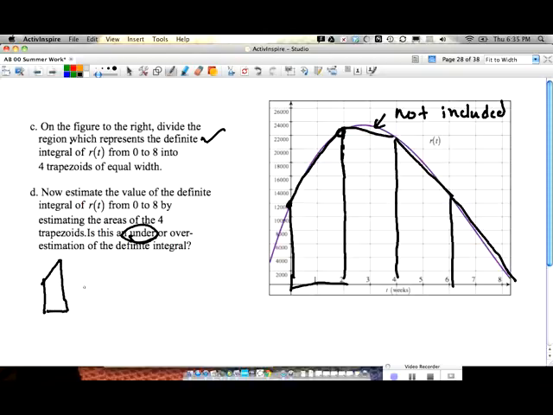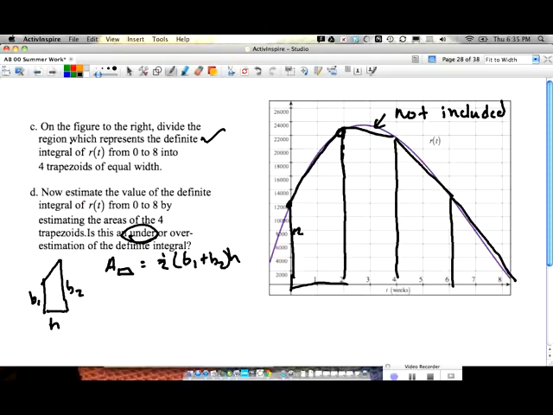Let's review that. The area of a trapezoid, I don't know if you remember, we have a height, and then these are bases. We'll call this base 1 and base 2. The area of a trapezoid is equal to half, or the average of the bases, times the height.